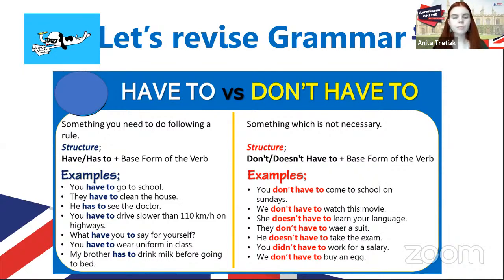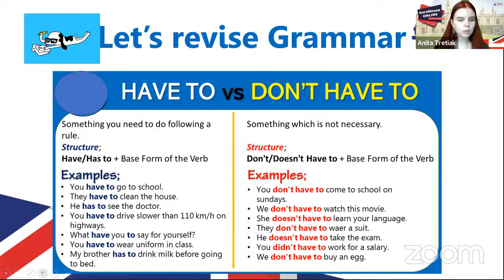For example, you have to go to school. Yeah, that's a rule that kids of your age need to go to school. And you say you have to go to school because it's important and you need to do this in case you want to be smart, you want to get a good job in the future, and everything can be fine if you do this. So that's a rule.